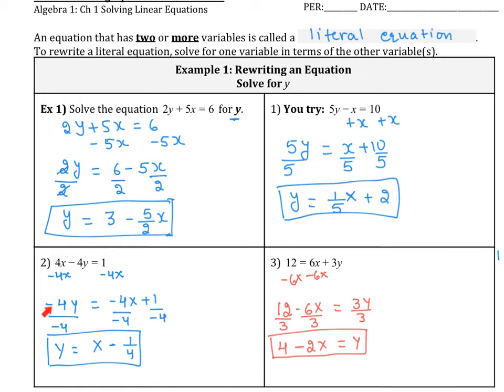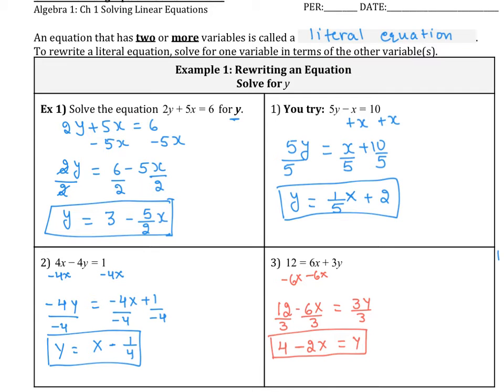Negative 4 and negative 4 cancel. You get y by itself, and on the other side, you get x by itself, and this 1 over negative 4, the negative in the center, becomes 1 over 4. So the final equation is y equals x minus 1 over 4.